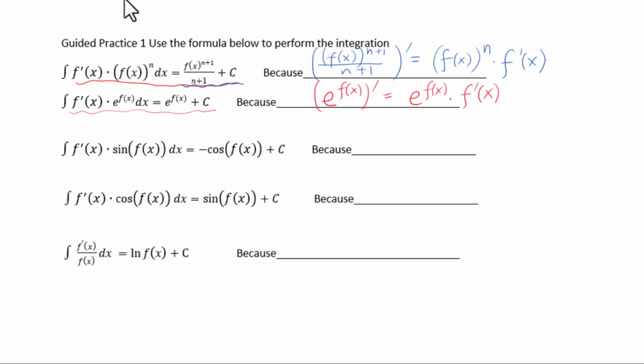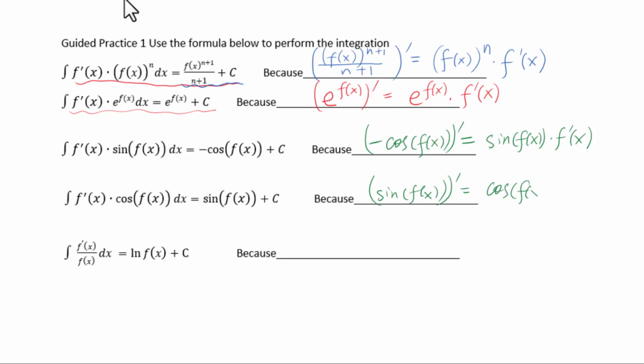For the third one, because negative cosine f of x, prime, equals sine f of x times f prime of x. The fourth formula is true because sine f of x, prime, equals cosine f of x times f prime of x.